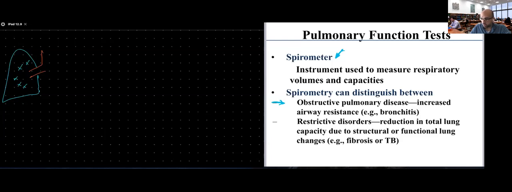So again, why do we need to know the volumes that will be moving in and out of the lungs? This will help us differentiate between two major sets of pulmonary diseases. Those are the obstructive and the restrictive lung disease.